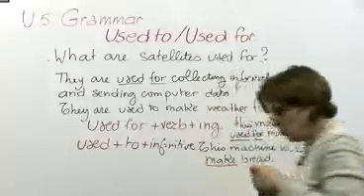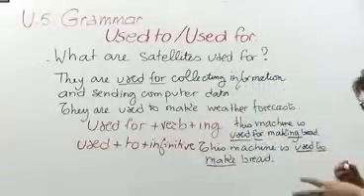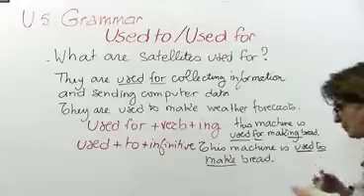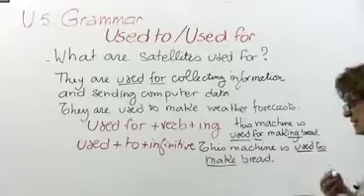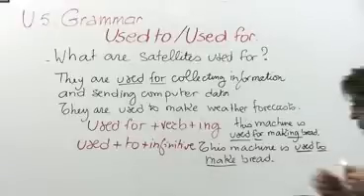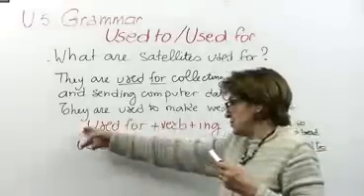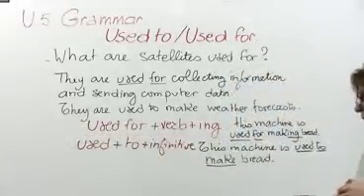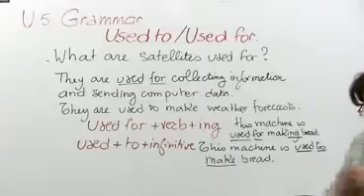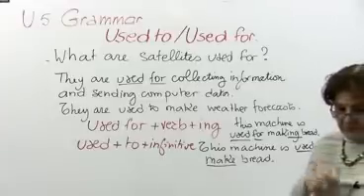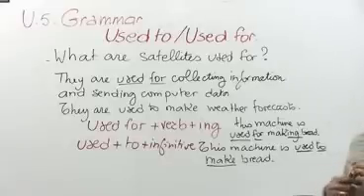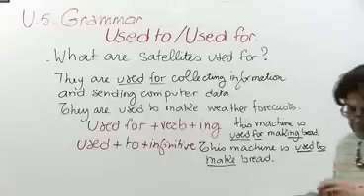We use this machine for a purpose, making bread. So used for is the past participle of the verb to use plus for, to employ for a purpose.